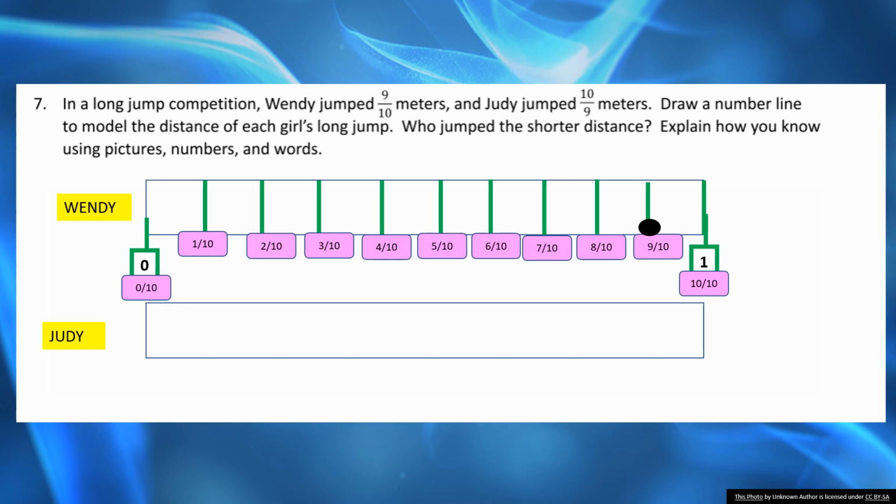All right. Now we need to go ahead and turn Judy's fraction strip into a number line. So first, we draw a little line here, end point of 0, and box it in.